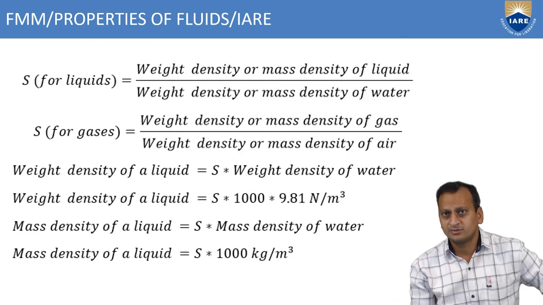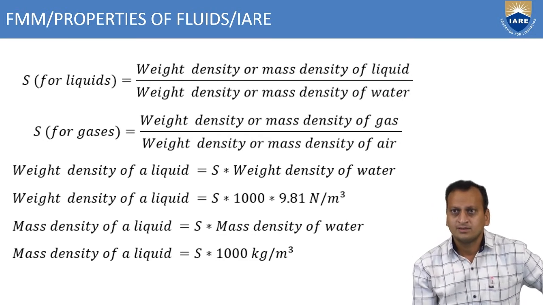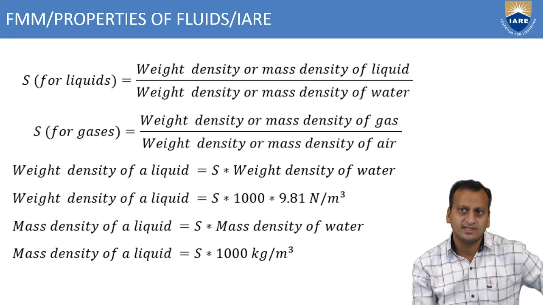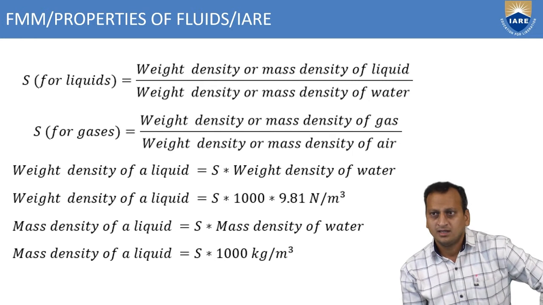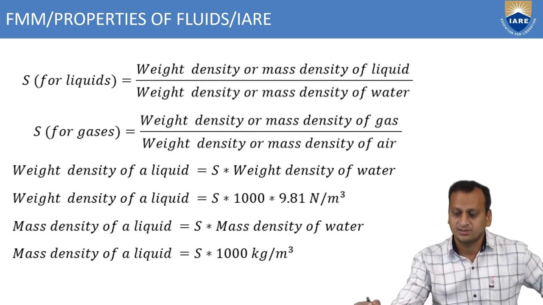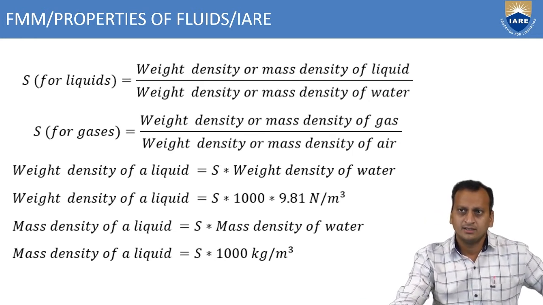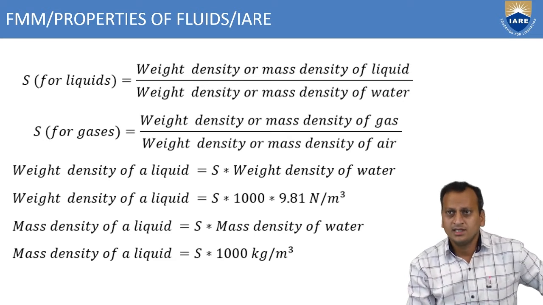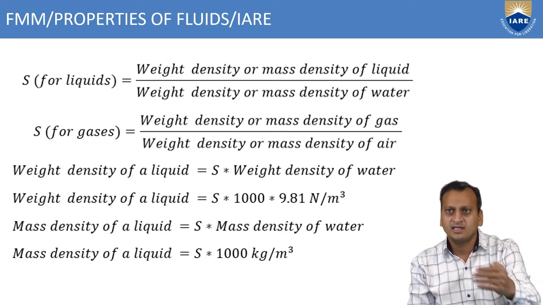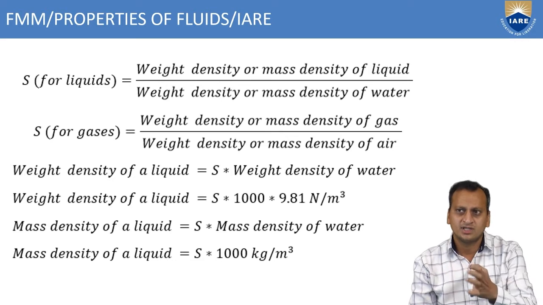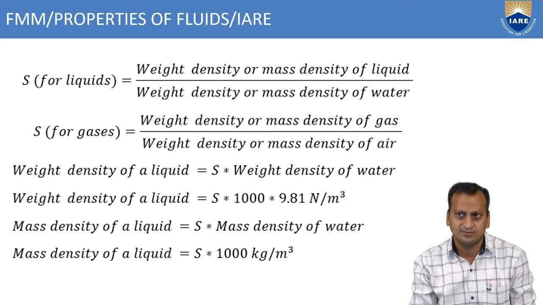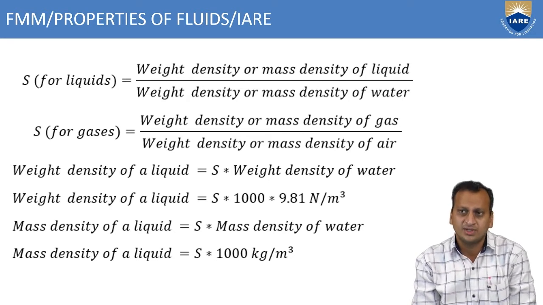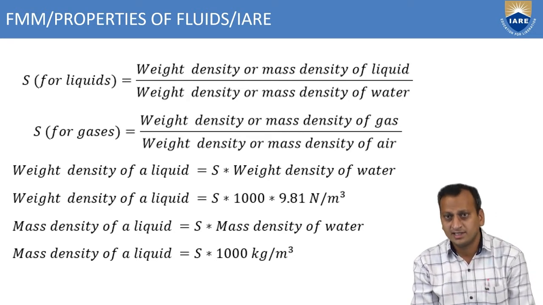Here we can explain specific gravity as the weight density or mass density of a liquid to the weight density or mass density of water, because the standard liquid is considered to be water. That may be any liquid compared to the standard liquid, water. Otherwise, for gases, the weight density or mass density of any gas should be compared with the standard gas, which we consider as air.